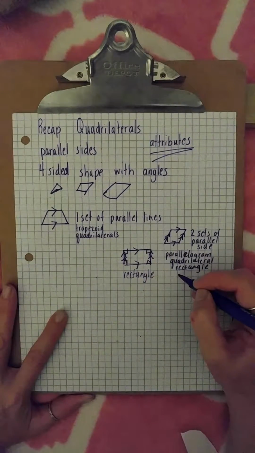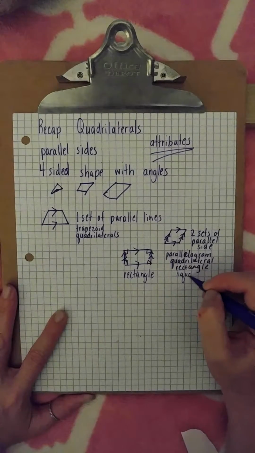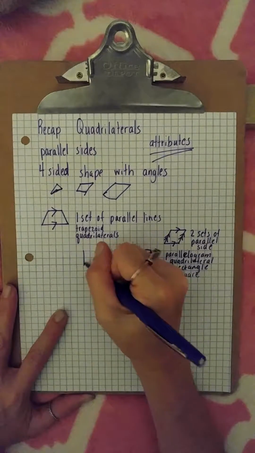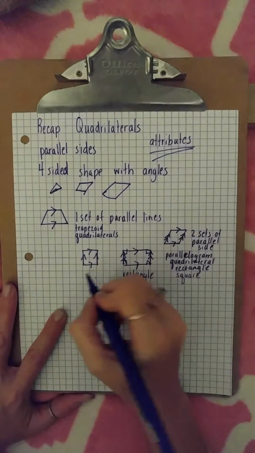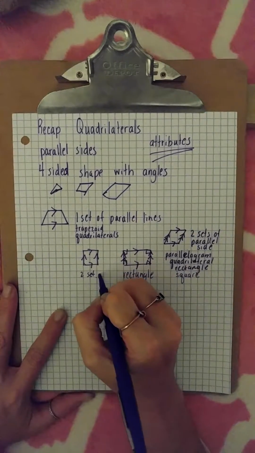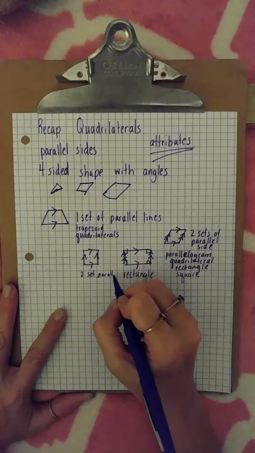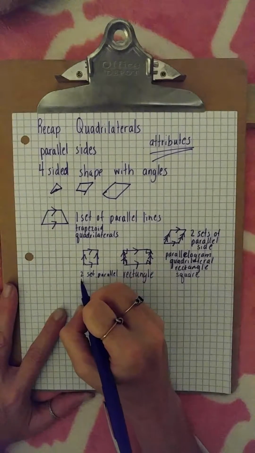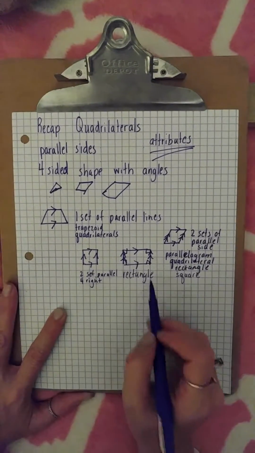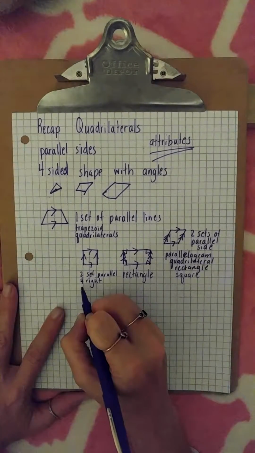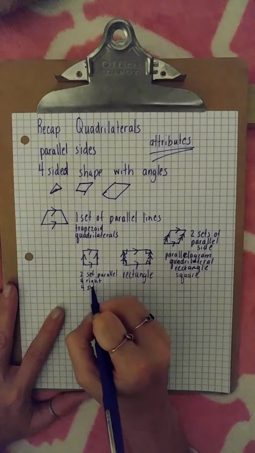Another parallelogram would also be a square. A square has two sets of parallel sides. Also four right angles, which would make a square a rectangle, and we know that. And it also has four sides equal in length.